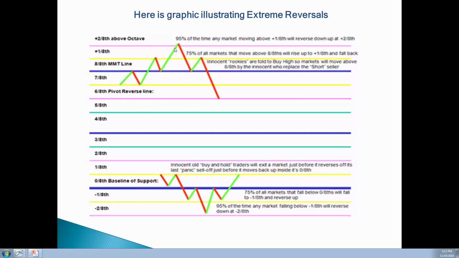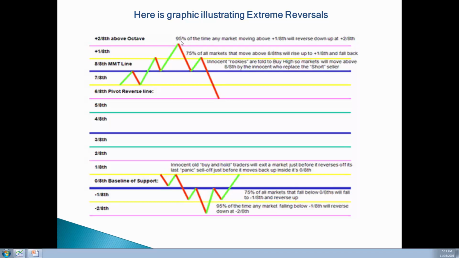And then, of course, if there's enough energy to move higher to the 2/8, there's a 95% chance of the time the market will reverse down. So this is really an extreme level on the scale. That's like somebody screaming at the top of their lungs.